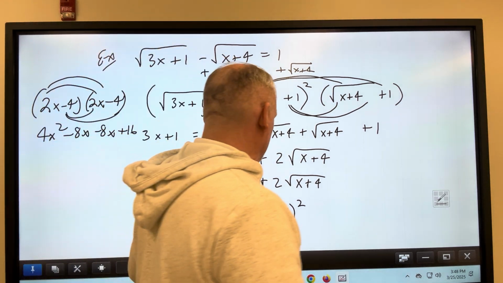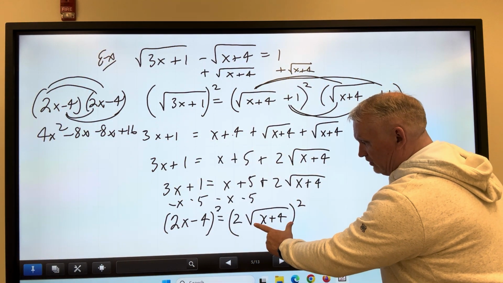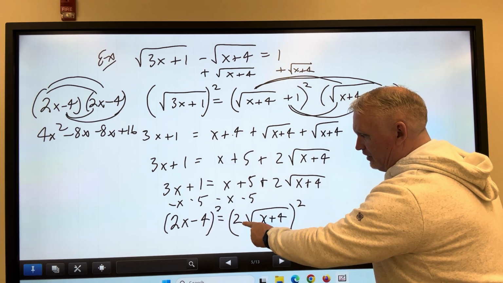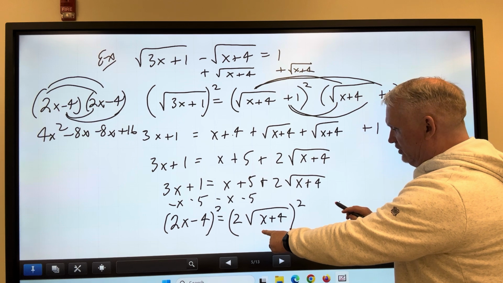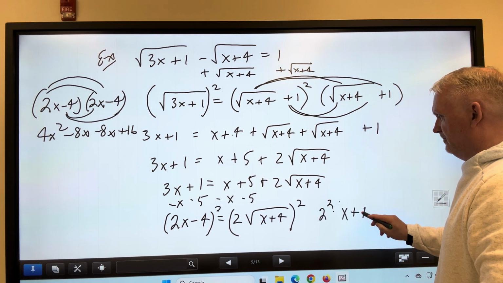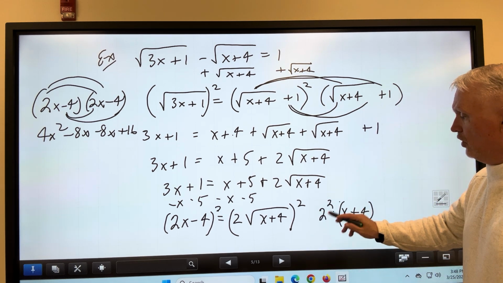That's this side. Now this side, notice what I can do is this squared and this square root, they go away. So this 2 goes with every term. So this side is 2 squared times x plus 4. Notice because the square root sign goes away. Well, 2 squared is 4.